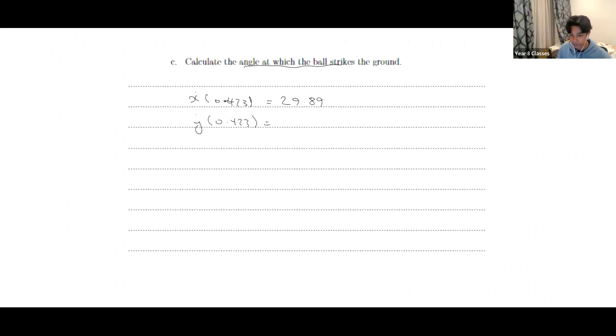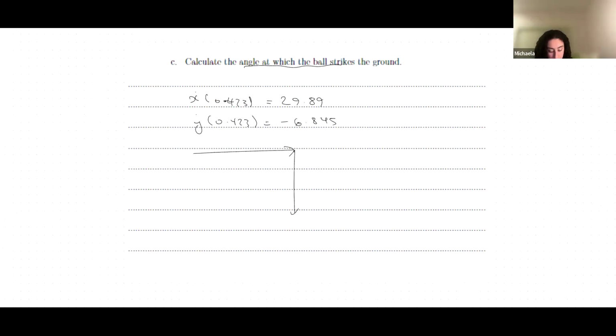Agreed. Let's say alpha is the angle. Alpha is inverse tan 6.845 on 29.89. I'll just sketch it out like so. Perfectly correct. And that's 12.9 degrees.